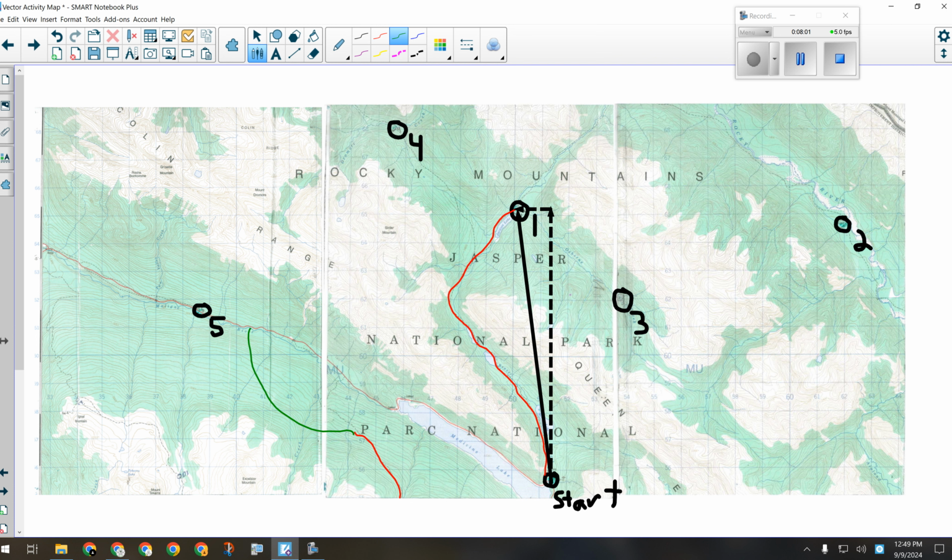All right, and the last rule is the silly salmon rule. You are not a fish. Therefore, if you cross a river off trail, you will add 15 minutes to your total time for the day for each stream crossing.